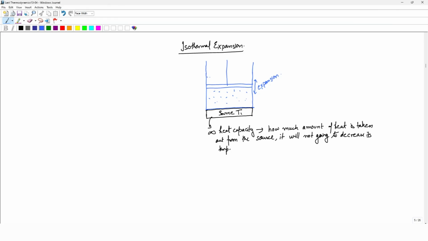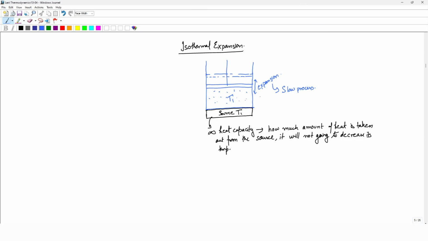That expansion is there in order to maintain the temperature of the fluid, which is at temperature T1. We want to maintain the temperature of the fluid at T1, and therefore there is an expansion, that is isothermal expansion, and that is a slow process.